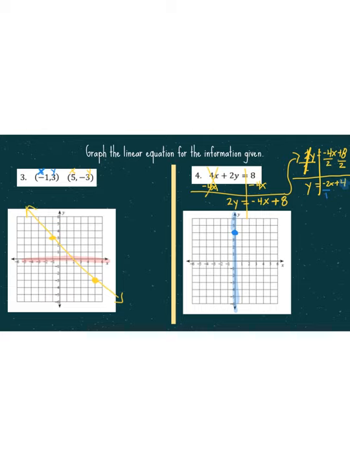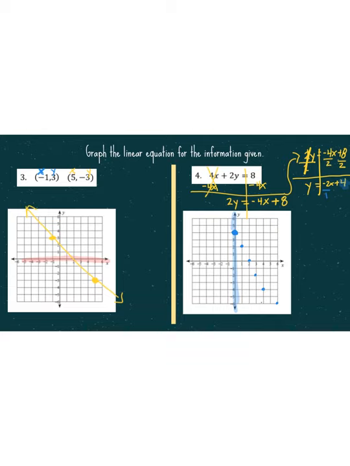So -2 tells me I'm going to go down 2, and then that 1 tells me I'm going to the right 1. So I'm going to start at my +4, go down 2 and to the right 1. Down 2 to the right 1, down 2 to the right 1. And you're just going to keep doing that until you can't go anymore.